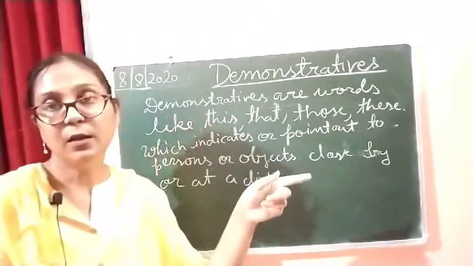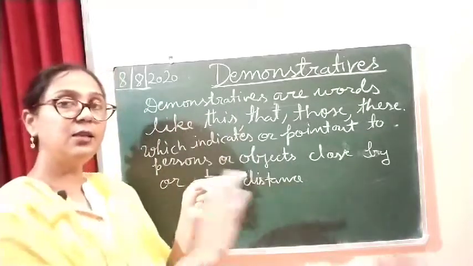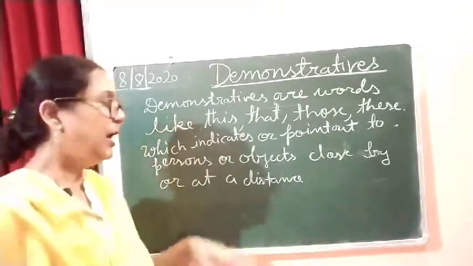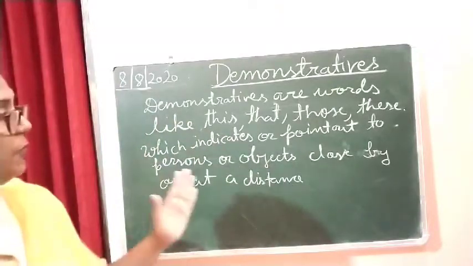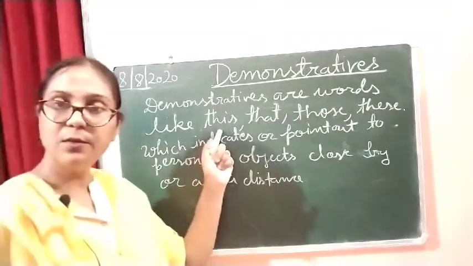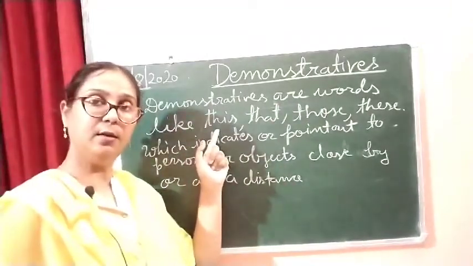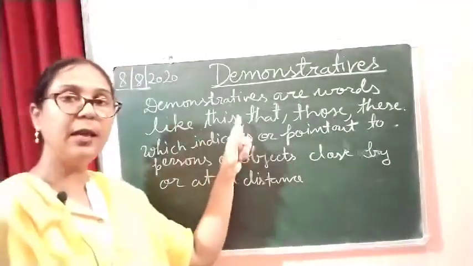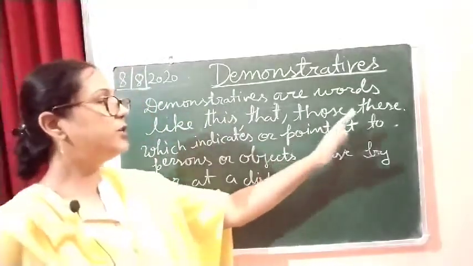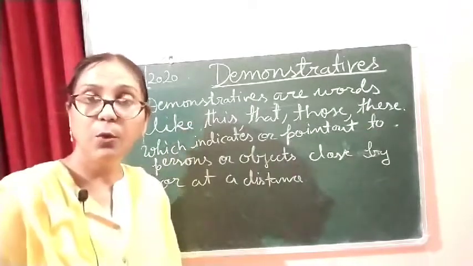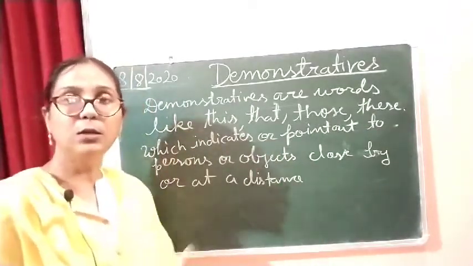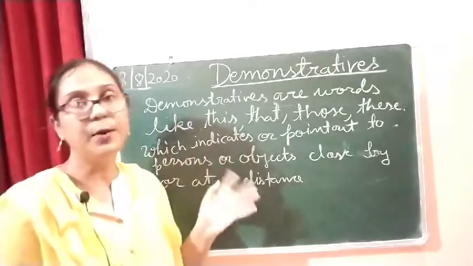And that we are supposed to use for things or persons a little far. And the same will be followed with those and these. This is used for singular things or persons, and that is also used for singular things or persons. And those and these are both used to point out plural things or persons.